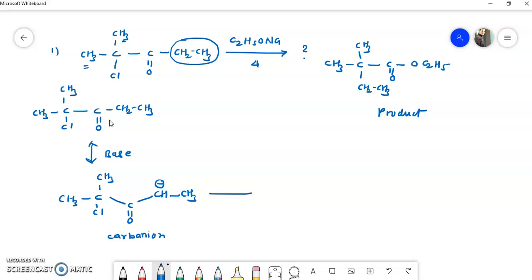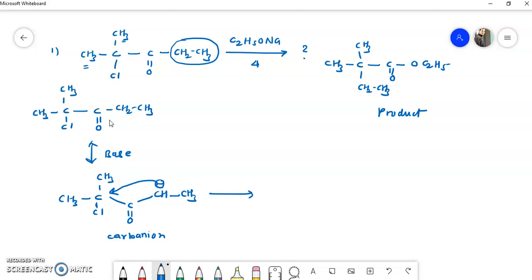Now in the second step what happens? This carbanion which is generated attacks this carbon, because this carbon is an electron deficient carbon, because it is attached to electronegative chlorine.